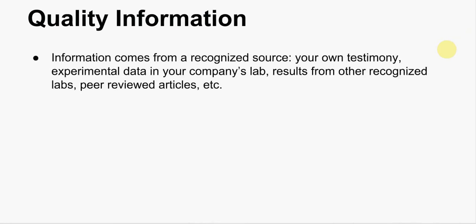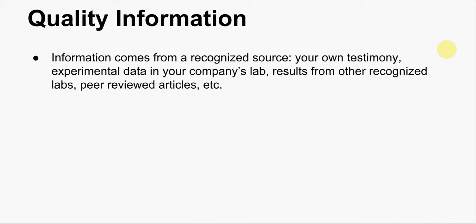So first of all, the information should come from a recognized source. It could be your own testimony. It could be experimental data that you've gotten from the company's laboratory. It may be the results from other recognized labs. It might be peer-reviewed articles, meaning articles that have real scientific basis. Wikipedia is a great source, but it's not really a source that you want to quote in a report because it doesn't have what they call peer review. In other words, other academics are not really reviewing it and criticizing it necessarily.